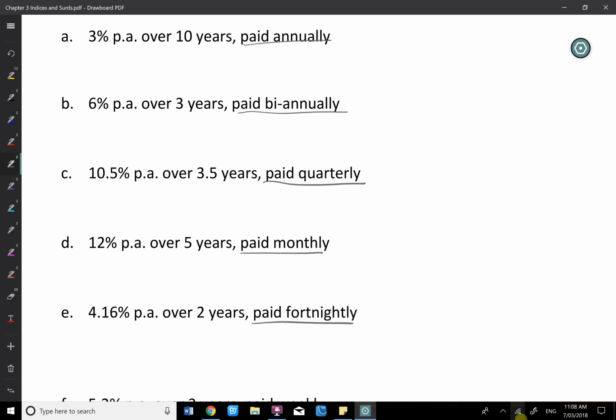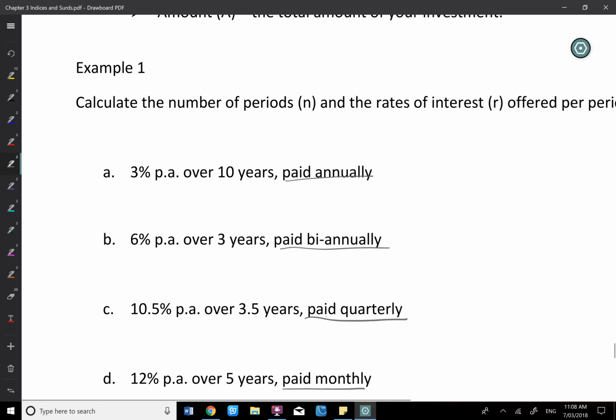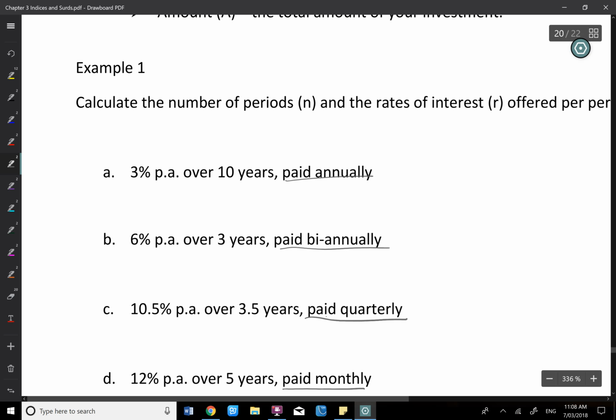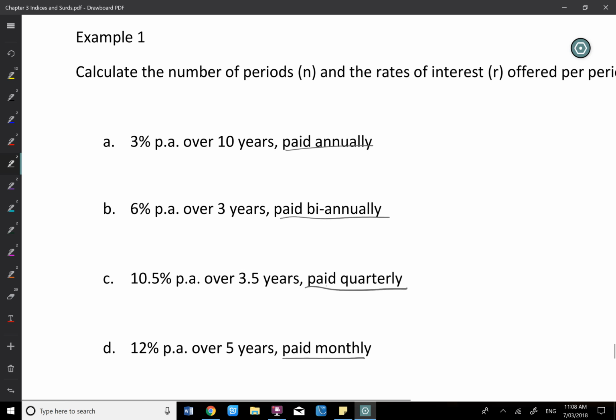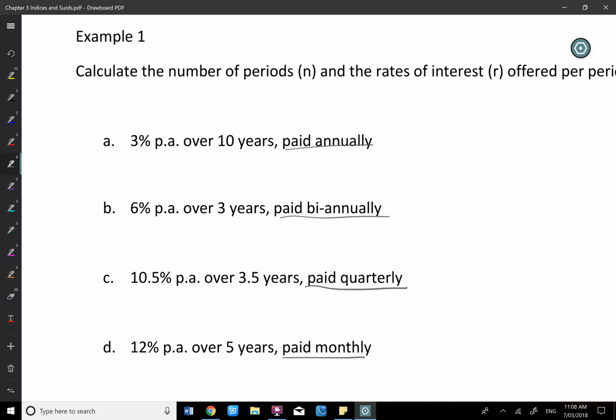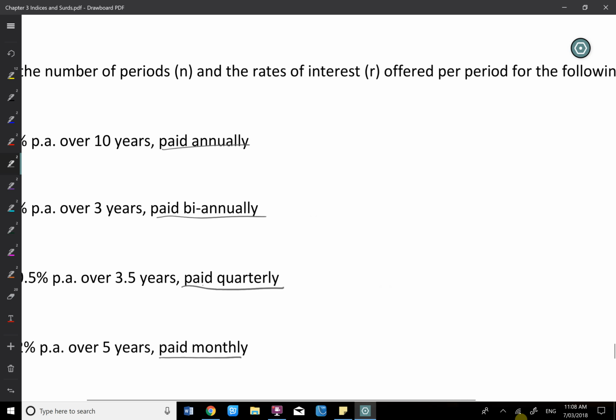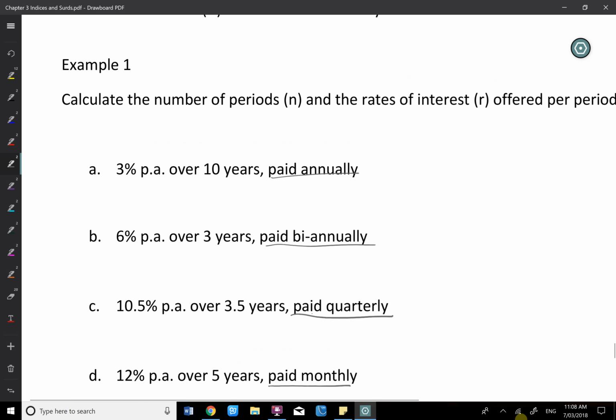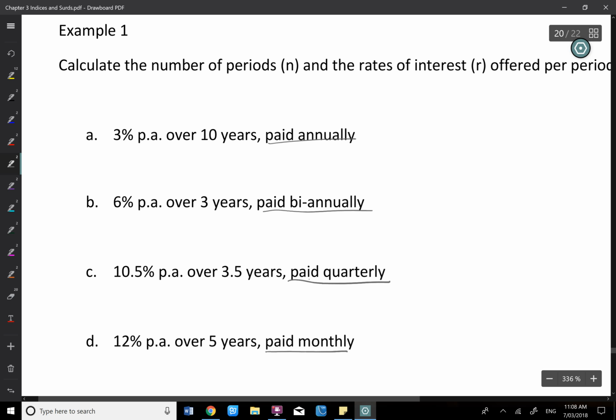But how can we calculate that? Say it's 3% over 10 years paid annually. So that's the normal one. Calculate the number of periods: n will just equal 10. You will be paid 10 times.